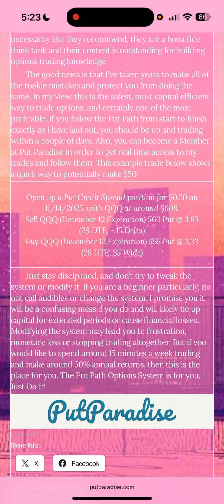The put credit spreads always worked, and now that I've got a good structure in place, I think this system is going to take you to the next level. I just would encourage you, trade exactly how I've laid it out. I know it can be complicated, but you can be assured over time this system is going to make you money.